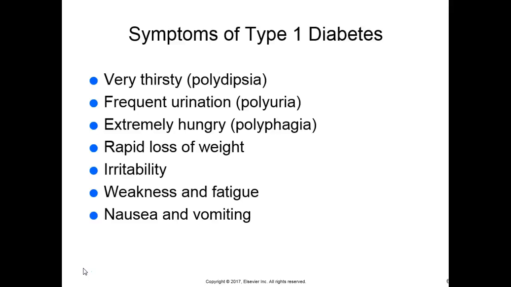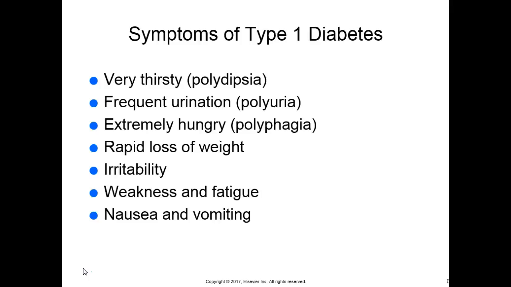Okay, so here in this slide we see the signs and symptoms of type 1 diabetes. The classic symptoms are related to the fact that the patient is suffering from extremely elevated blood glucose levels, otherwise known as hyperglycemia. This increases the concentration of the circulating fluid volume and pulls water from the cells and the tissues into the blood.